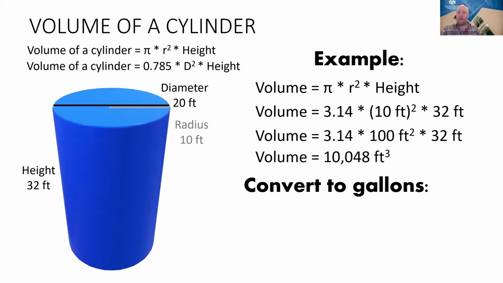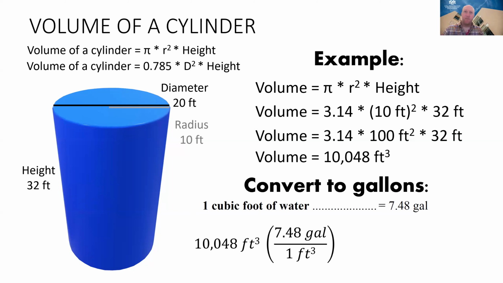And so a lot of times you come to your answer in cubic feet, but really gallons is more useful for what we're doing a lot of the time. So let's convert that one to gallons using our conversion factor. From that formula sheet, I know 1 cubic foot of water equals 7.48 gallons. So I'm going to multiply by that.